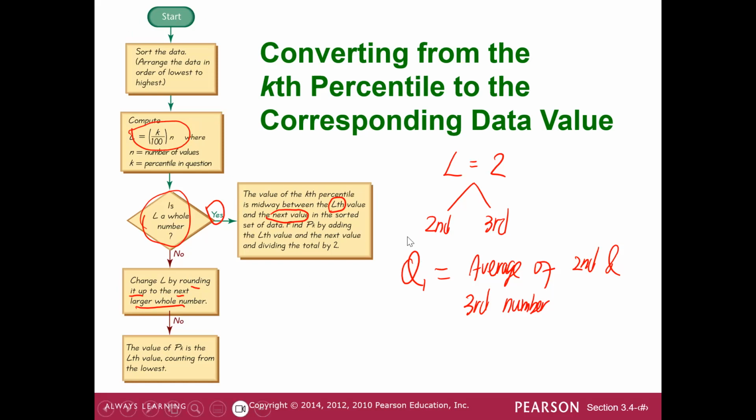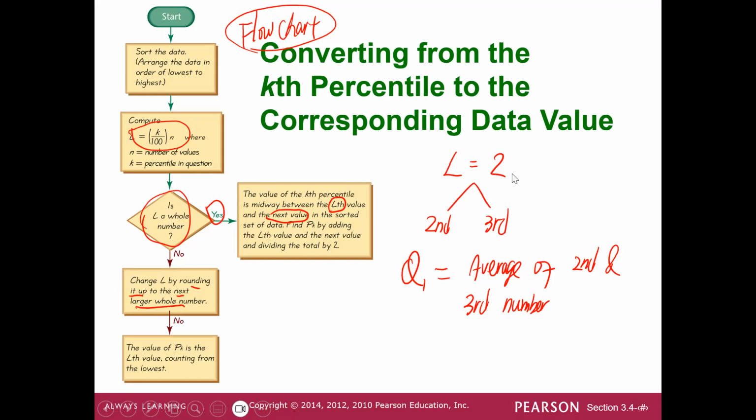Can you repeat it again? Sure. Basically, before this flow chart, if the locator is a whole number, then you're going to average.